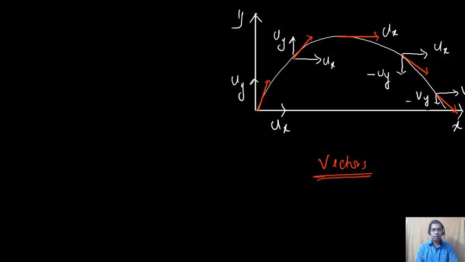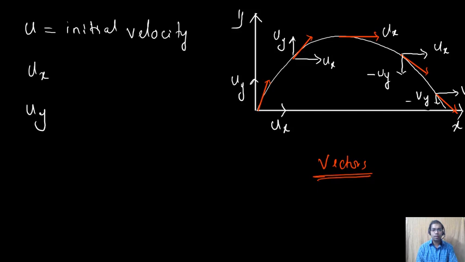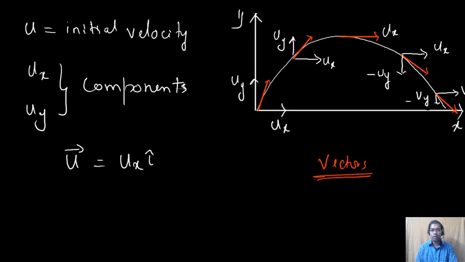So if u is my initial velocity, what I have done here is resolve it into its components, ux and uy. That means I can write the u vector as ux i cap plus uy j cap, where ux and uy are the magnitudes of velocity along the x and the y axis.